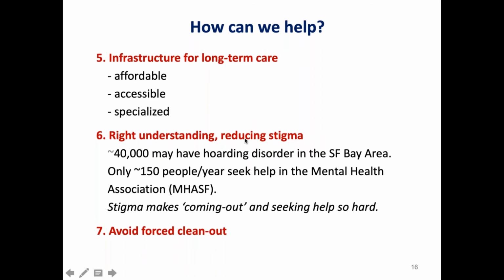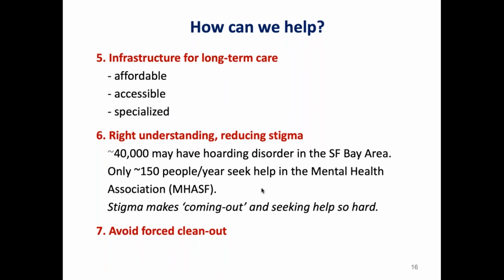And number 6, the right understanding, reducing stigma, is also very, very important. This is a report from our partner, the Mental Health Association in San Francisco, a nonprofit organization that provides free resources, including treatments and groups for people with hoarding disorder.